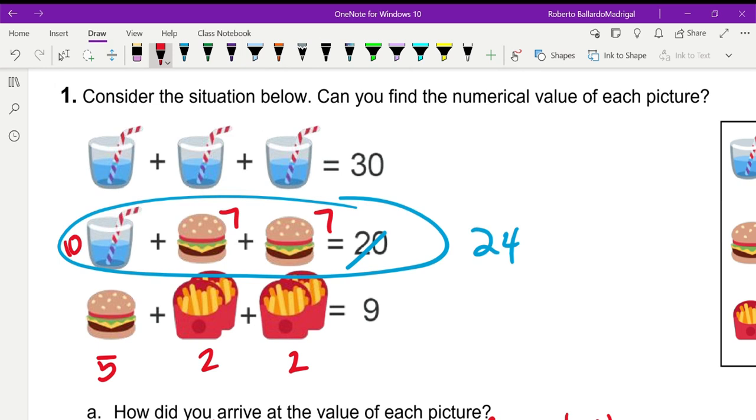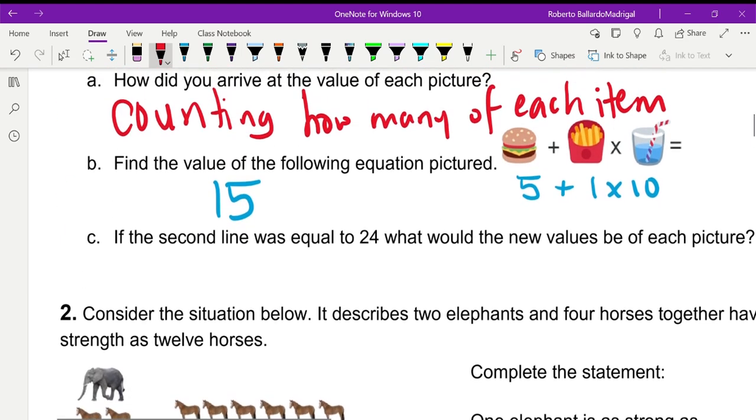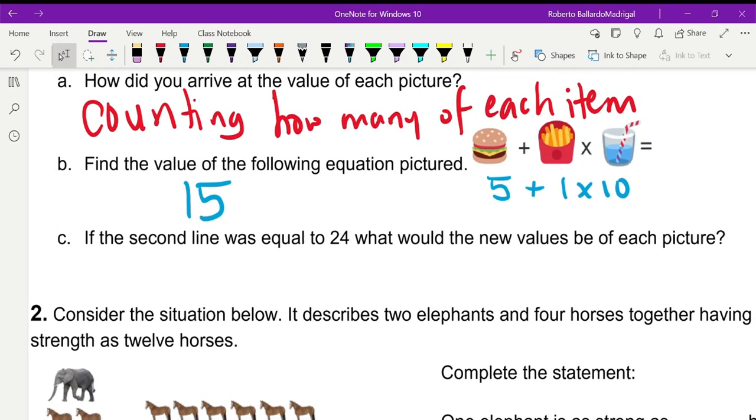Now, if we had to change the value of everything, then each item could be worth 8, because 8 plus 8 plus 8 adds up to 24. So there are different strategies to this. It's kind of ambiguous. There's not enough information to determine whether we have to change all of the values or only the burger values.